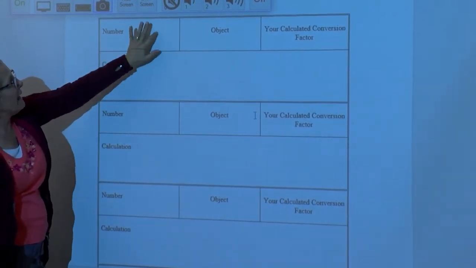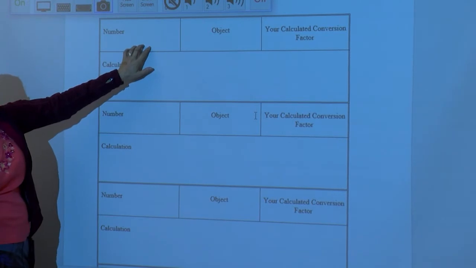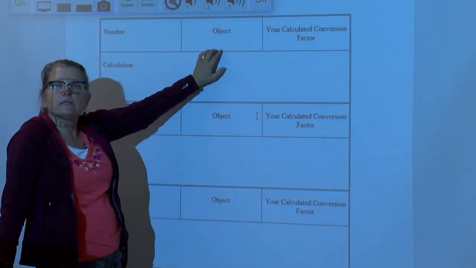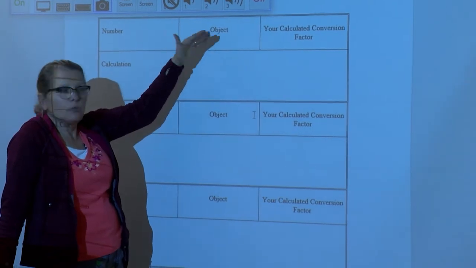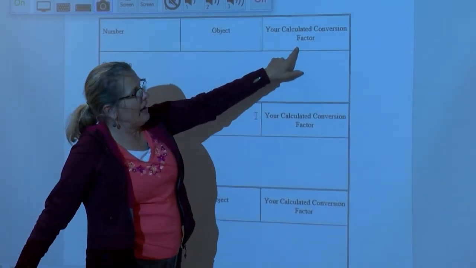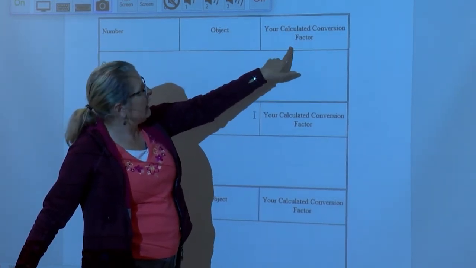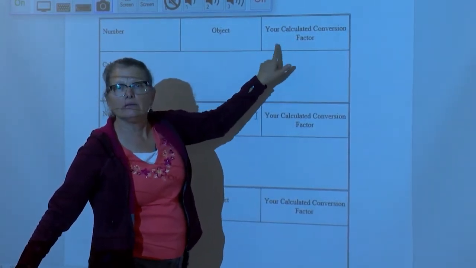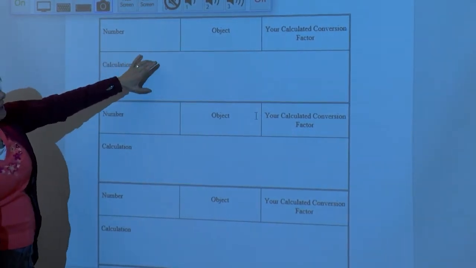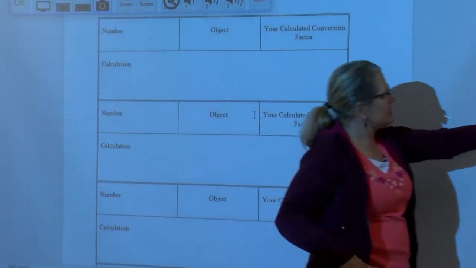So you would write 950 here. The object we used was water. Our calculated conversion factor was actually 950. And the calculation you would show here would be exactly this.